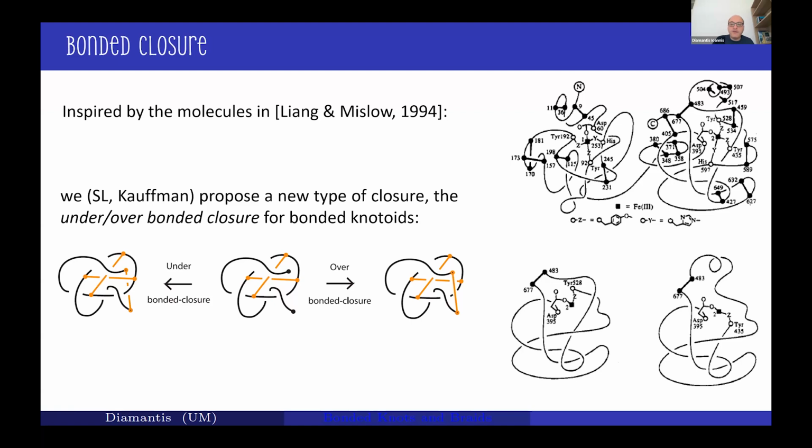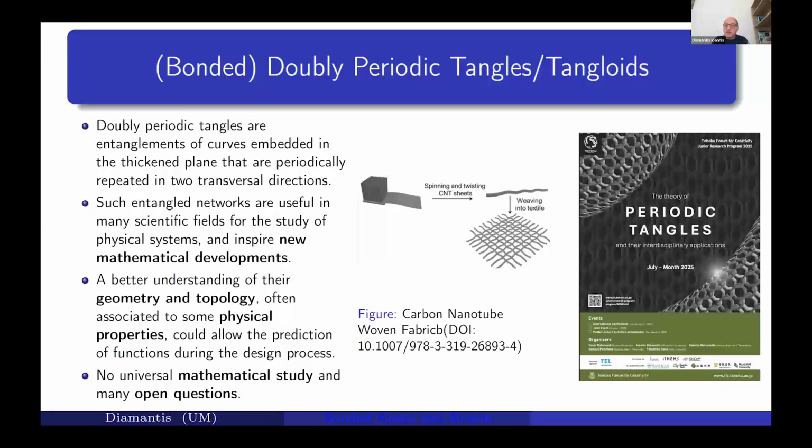Oh, perfect. If I have 5 more minutes, I would like to discuss a little bit the doubly periodic tangles and tangloids. This is again something extremely important because what we are trying to do is use bonded links only, to model some other type of things.